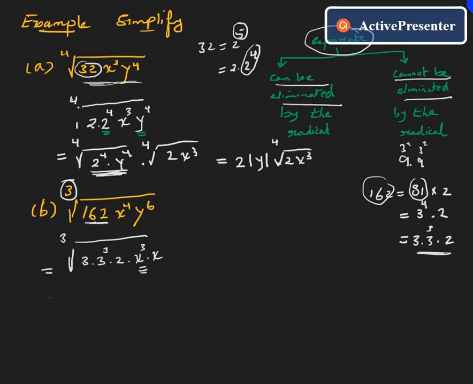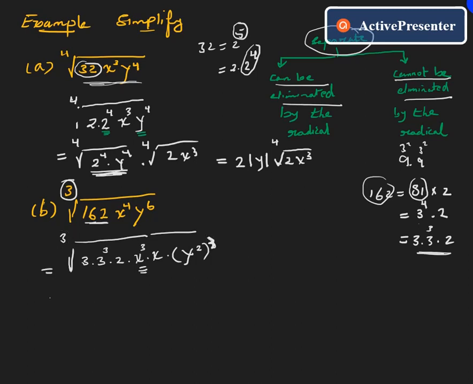What about y to the power 6? Y to the power 6, we can write like this: it is y squared all to the power 3, right? Because we want to utilize this 3 along with the third root.